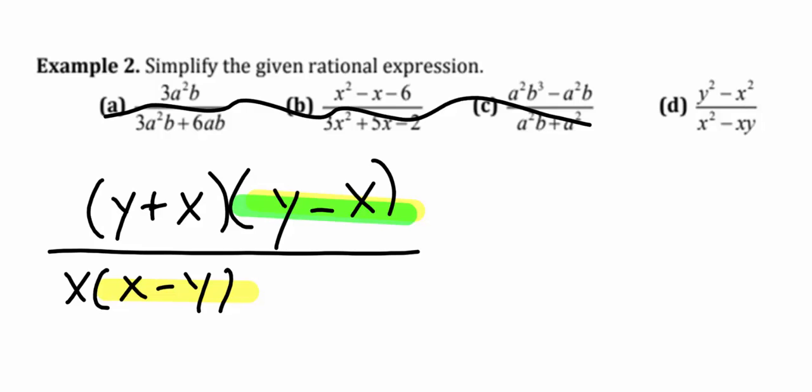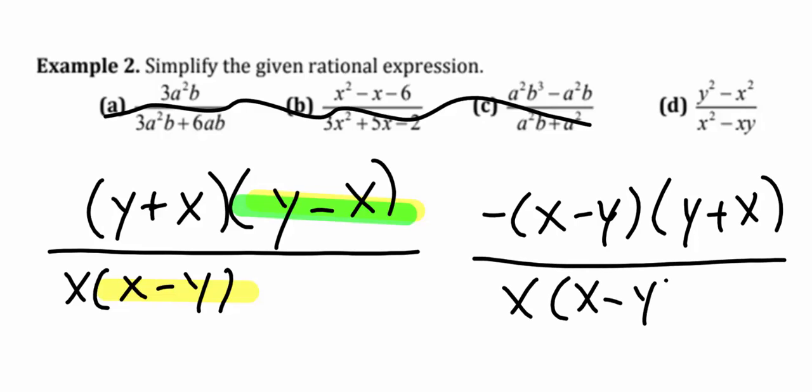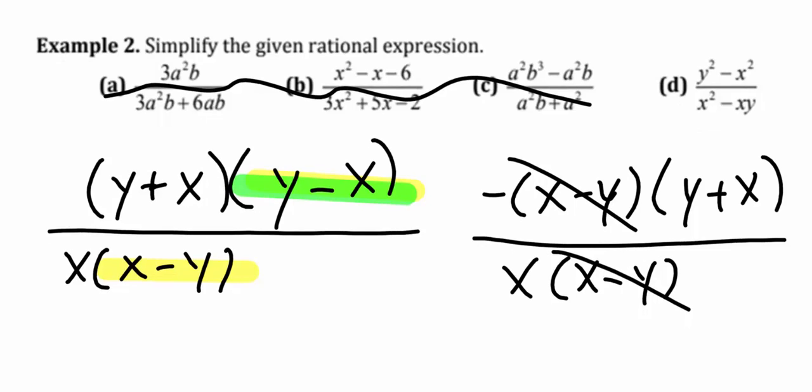It'll flip the signs of everything, and then we can reduce that down to 1. So we pull out the negative, and now we've got x minus y. We'll leave that y plus x up there, all over x times x minus y. So now the x minus y's will reduce to 1, and we're left with negative y plus x all over x.